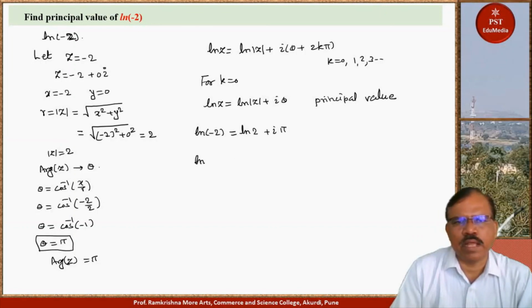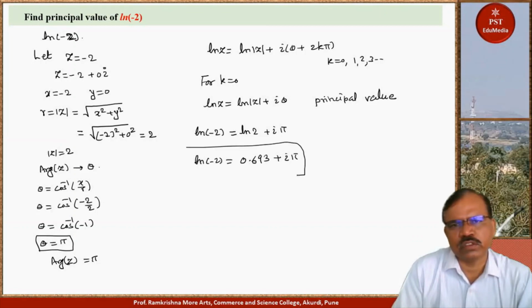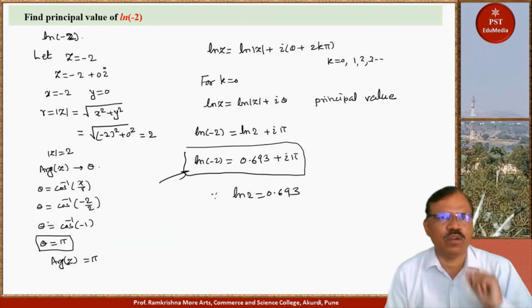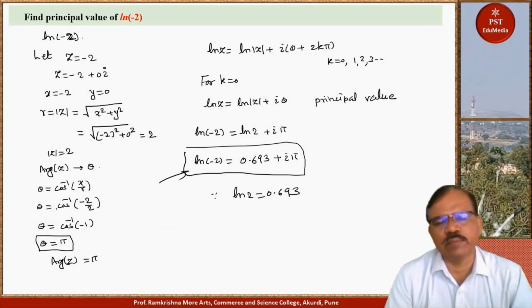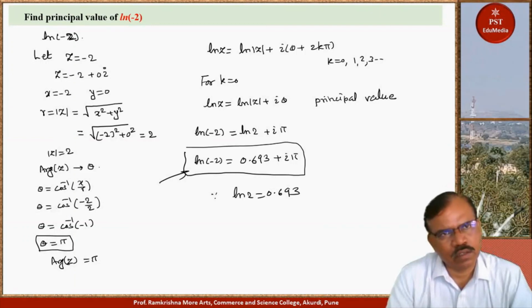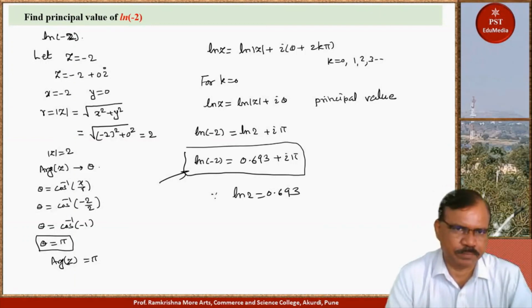So log minus 2 we can take 0.693 plus i pi, since ln 2 is equal to 0.693. So this is the principal value of log of minus 2. So we have seen some examples on logarithm of a complex number.